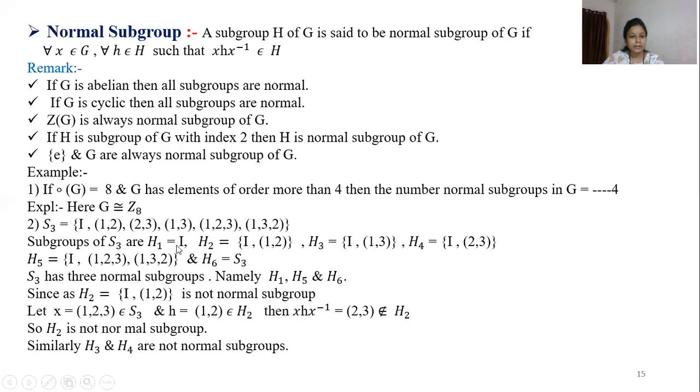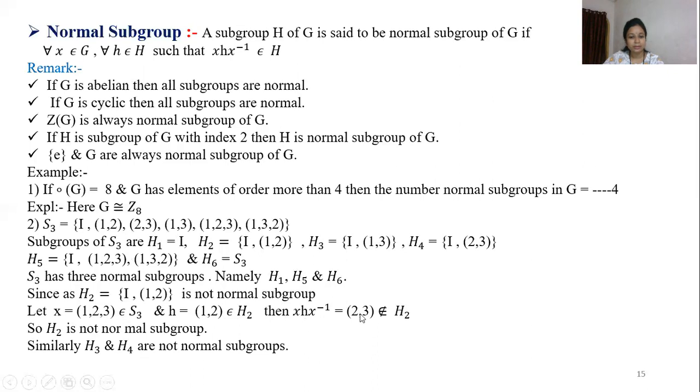The identity and S3 are the trivial normal subgroups, H1 and H6. What about H2, H3, H4? These are not normal subgroups. Why is H2 not normal? H2 is the identity and (1 2). It is not normal because, let X be any member of S3, say (1 2 3), and h be (1 2), which belongs to H2. What do we obtain? X h X inverse.